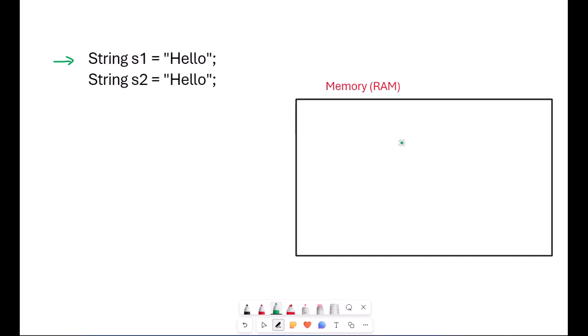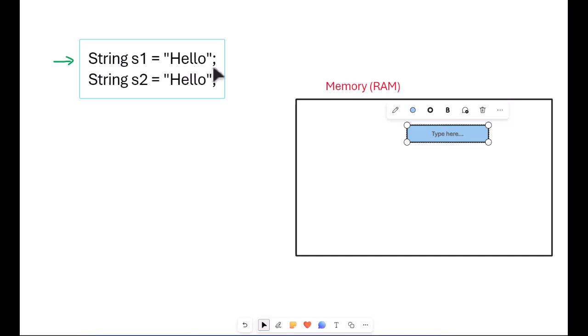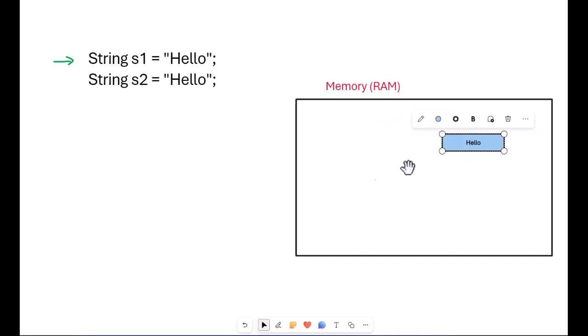What Java is going to do, it will create somewhere in memory, with, of course, 5 different memory locations to store the word hello. You see, this hello will be stored at some address in memory. This is the string hello.